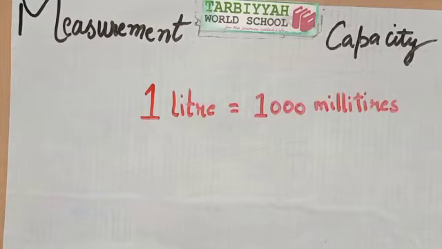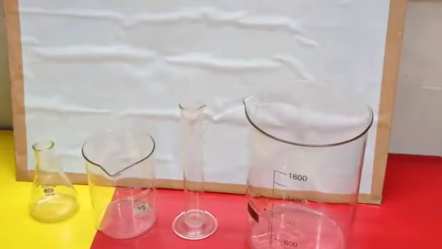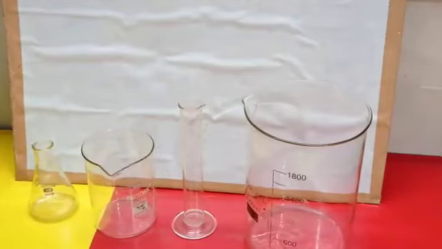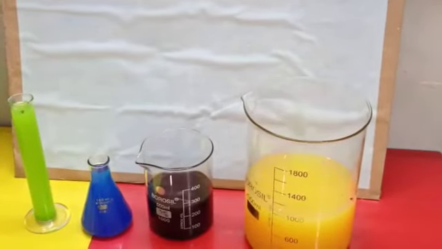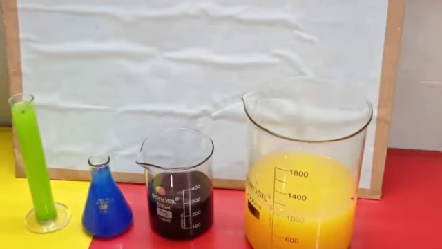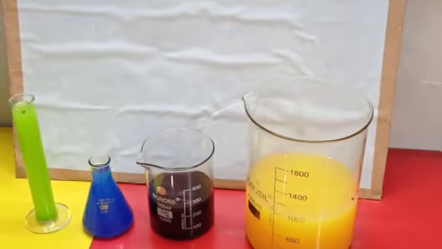We can use jars of different capacities to measure volumes of liquid. You can see the different sizes of beakers. Now you can see the different beakers contain different amounts of water. So different beakers have different capacities.